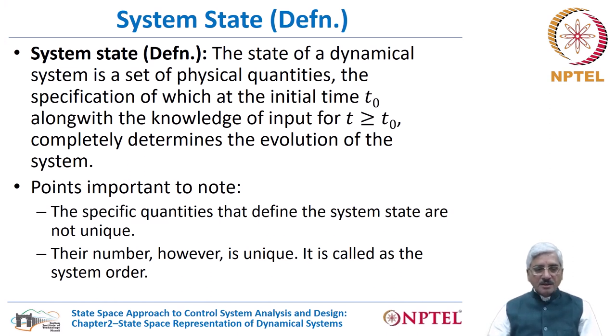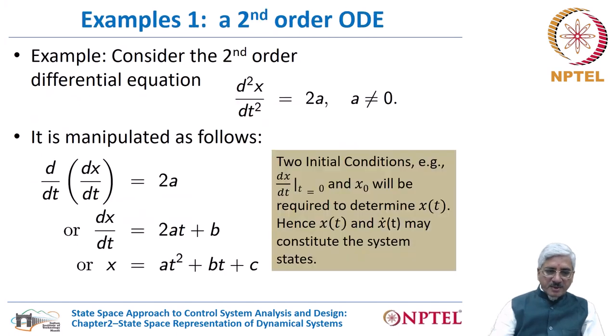So as I told already, one must note the specific quantities that define the system state are not unique, but the number of physical quantities which constitute the set, the state, is unique, and this number is called the system order. Let us interpret this definition with the help of two examples.